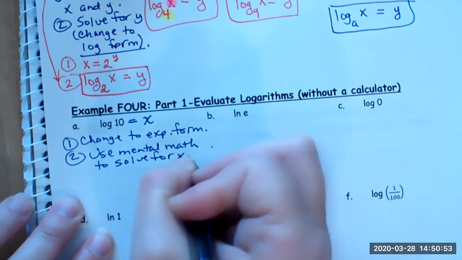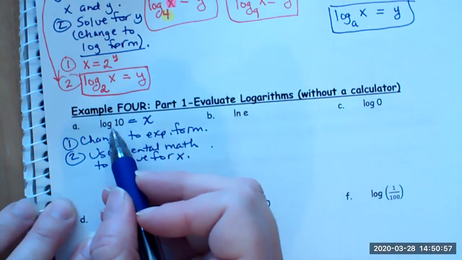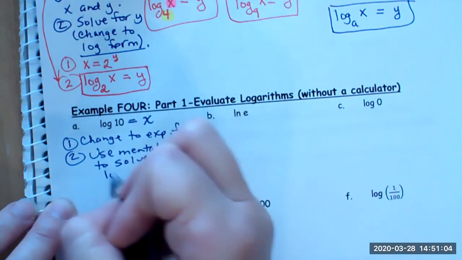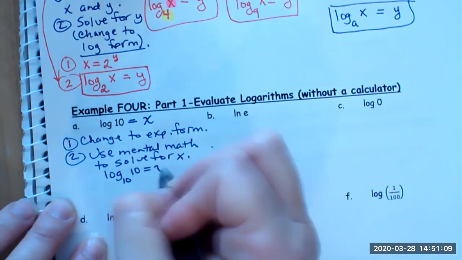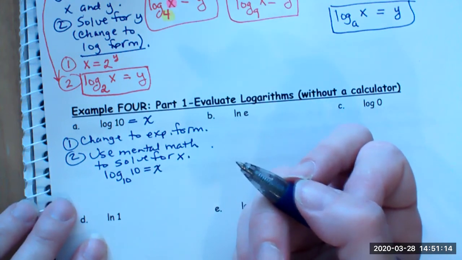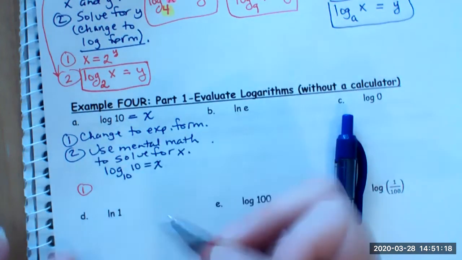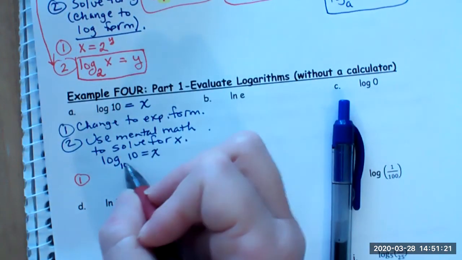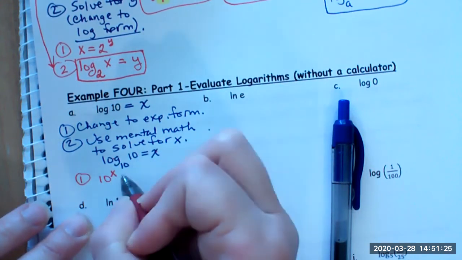Okay. So first of all, let's rewrite this equation. We know that there's no base that we see, but when we don't see a base, we know it's understood to be a 10. So I'm going to rewrite this as log base 10 of 10 is equal to x. Okay. And I'm going to now change to exponential form. So if I change it to exponential form, the base is 10, the log is the exponent, it's going to equal 10.